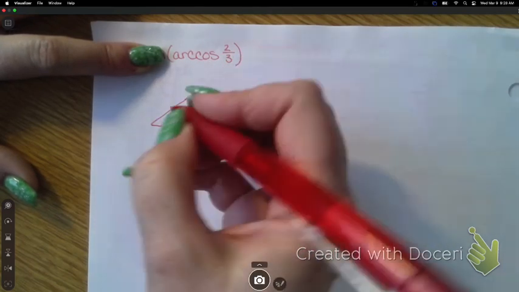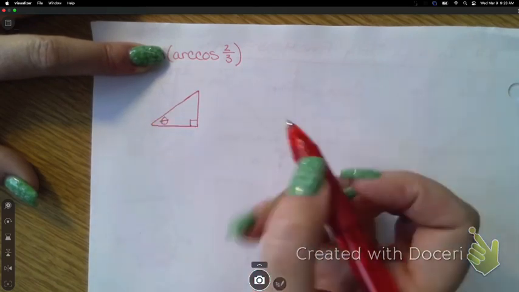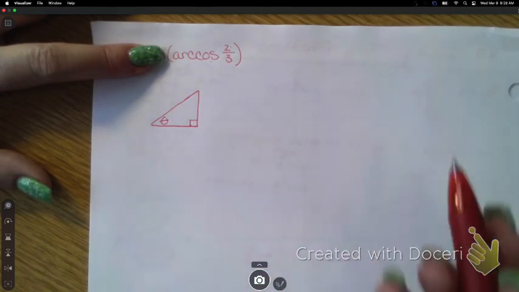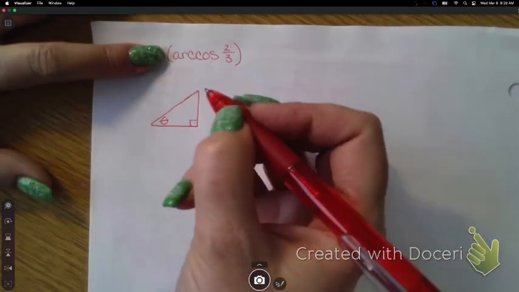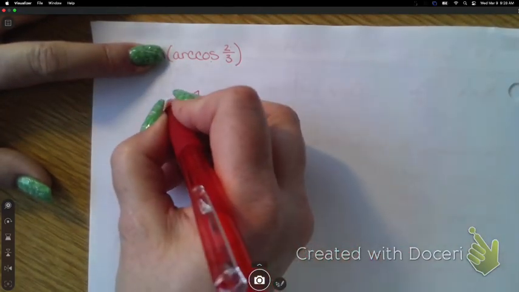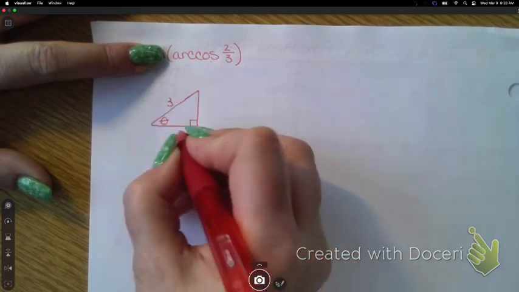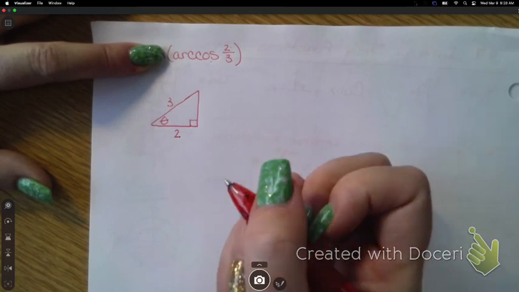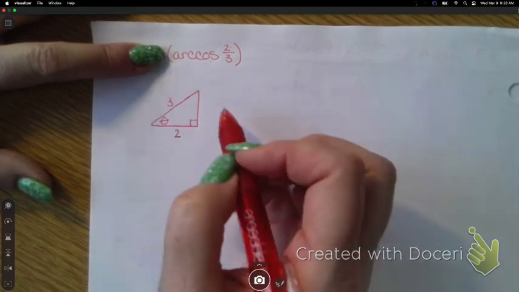So here's my right triangle, here is my theta, and if I have 2 over 3 and I have cosine, what parts of the triangle do I have? The hypotenuse and the adjacent. So this is my hypotenuse and this is my adjacent, correct? Now I have my triangle.